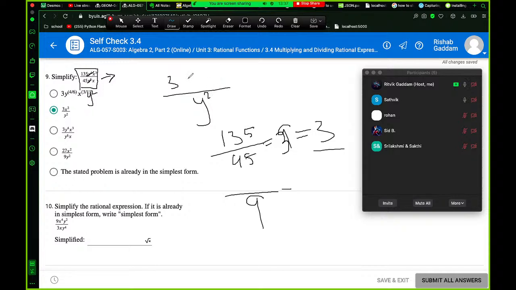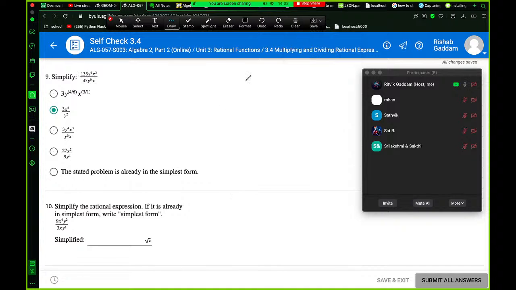And then you put y squared at the bottom, on your denominator. And then you put 3x to the power 2. And that's because x cubed divided by x is x squared. Yeah, good job, Satvik. Let's move on to the next question.